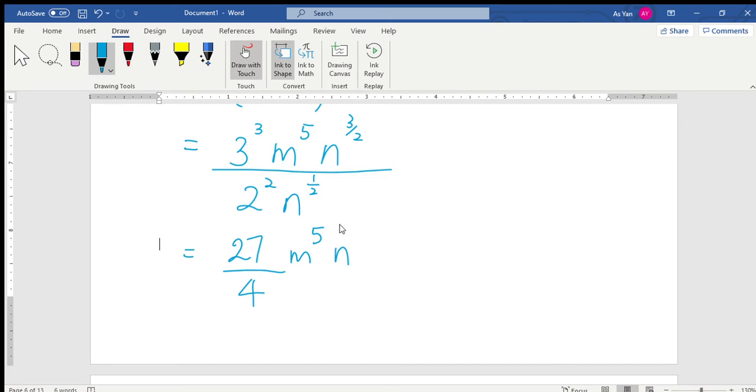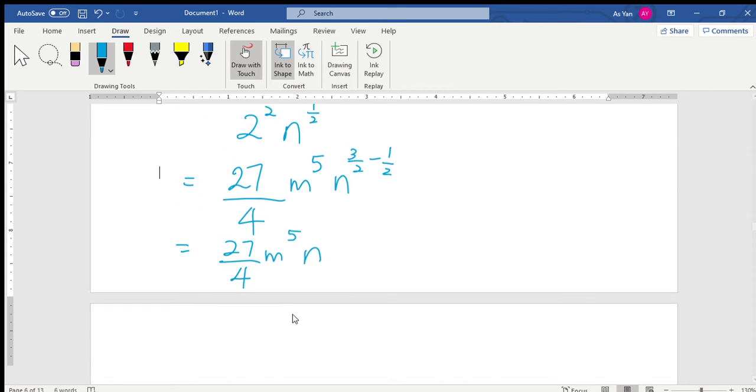So n to the power of 3 over 2, divide means minus, so minus 1 over 2. So 27 over 4 m to the power of 5, and 3 minus 1, 2, 2 over 2 is 1. So I leave this answer as 27 over 4 m to the power of 5 n.